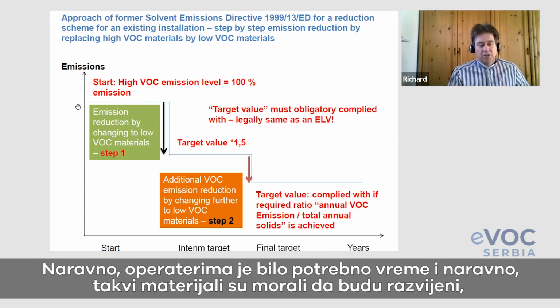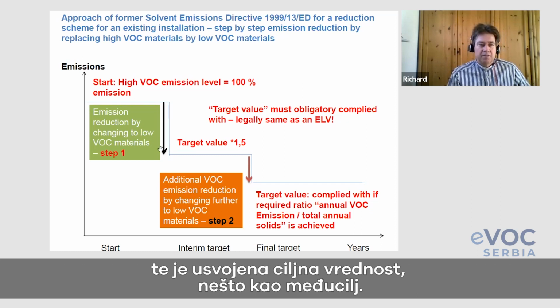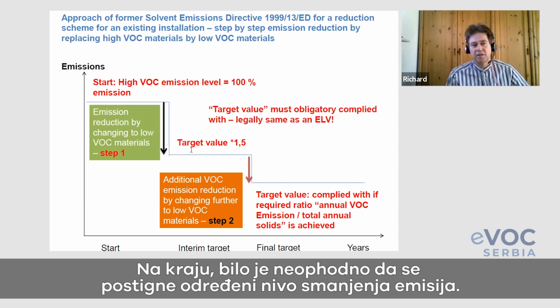And because the operator needs some time, and of course, such materials must be developed. So there was a target value, something like an interim benchmark. And at the end, a certain level of reduction must be achieved.